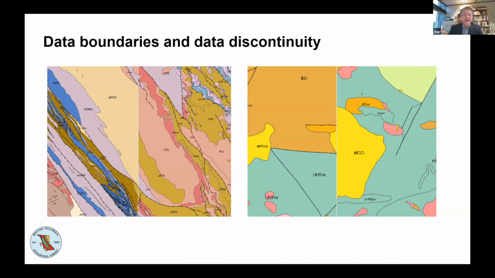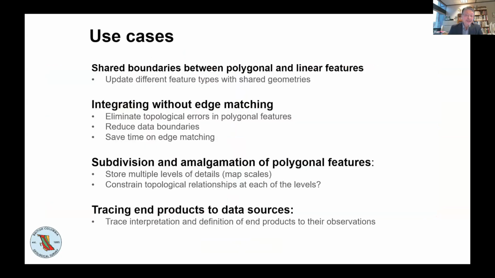Here I just show you some specific examples in the actual data. And it's just a summary. So with shared boundaries, when you integrate, it is time consuming, and topological errors are also introduced during the map integration. And also how you can handle different levels of detail, and a polygon constantly getting subdivided.